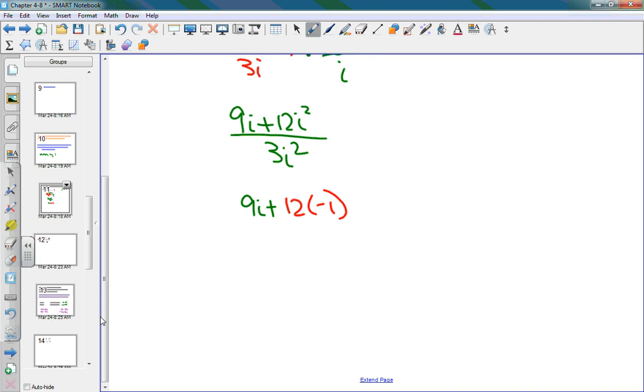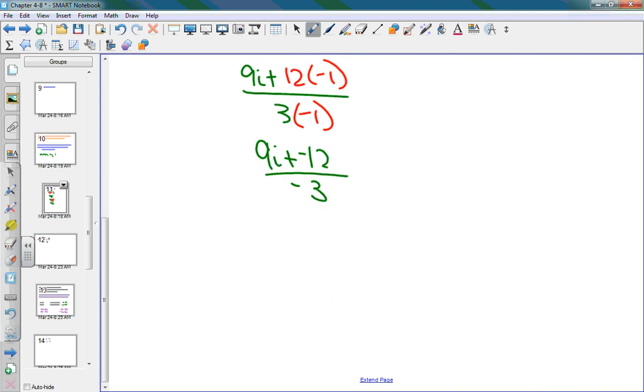A negative 1. Again, a negative 1. And what I have going on here is 9i plus a negative 12 over a negative 3. And if we divide each one of these terms by that, that's going to give me negative 3i plus 4, to give me the 4 minus the 3i.